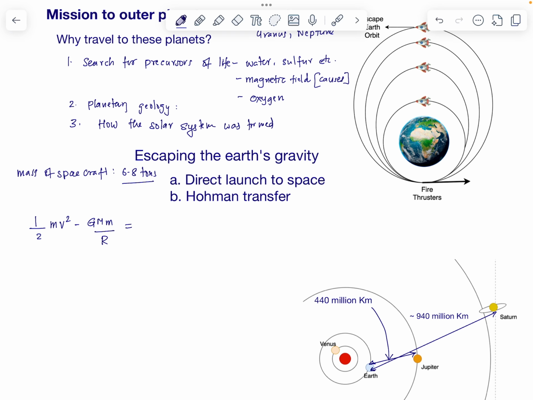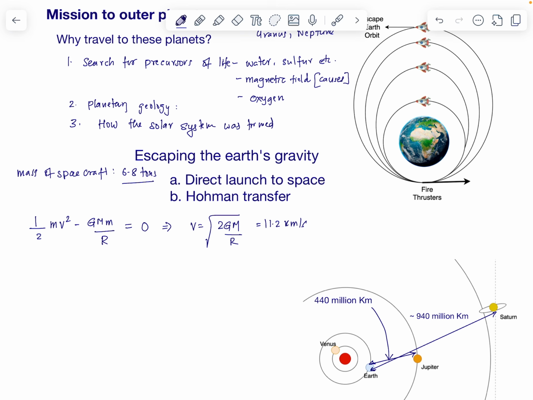When the spacecraft escapes into outer space, let's say it has barely any velocity at all and no potential energy, so the total energy is zero, and if energy is conserved, then we have V equals the square root of 2GM over R. This happens to be about 11.2 kilometers per second. It is a very high velocity.